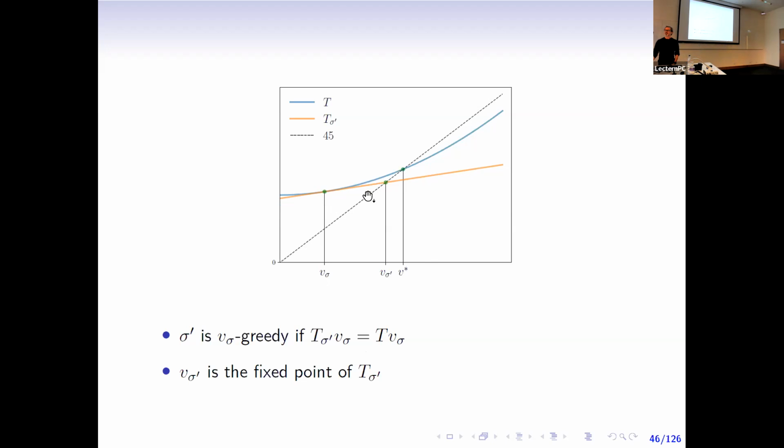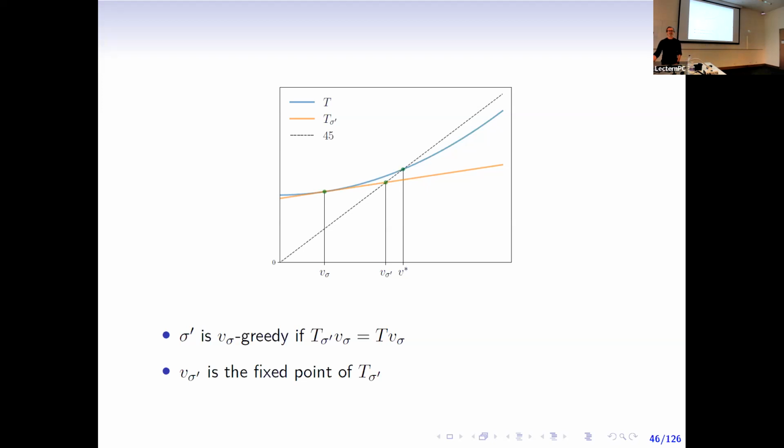To do that, I take the fixed point of this T sigma prime operator. Just take the fixed point. Remember that the lifetime values are the fixed points of these operators. So what I've done is I've taken this tangent line and I've taken the fixed point of the tangent line.